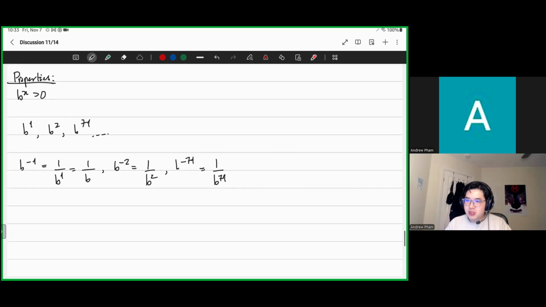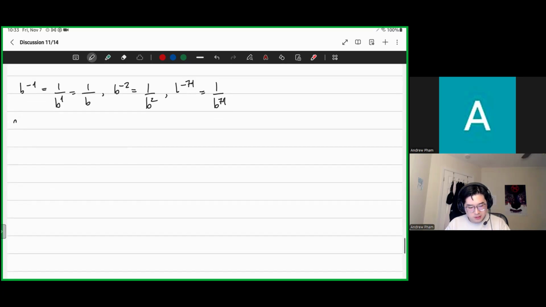And graphically, this gives you the notion of a horizontal asymptote. Since I can vary x over the entire real line, the domain of any exponential function is the real line, minus infinity to infinity.